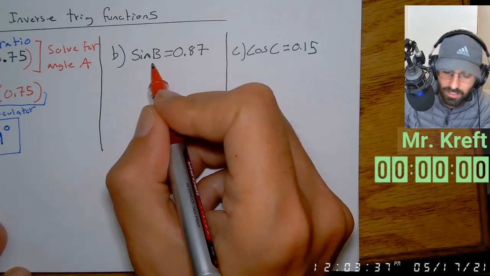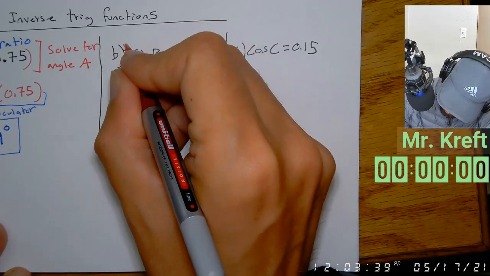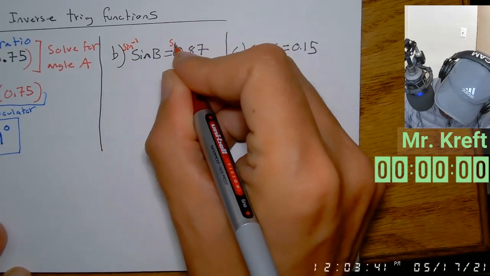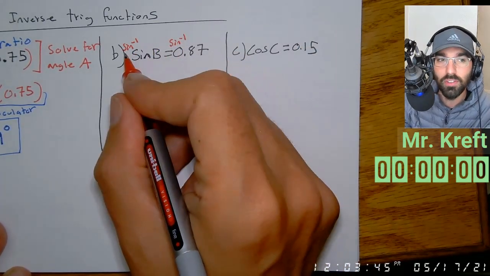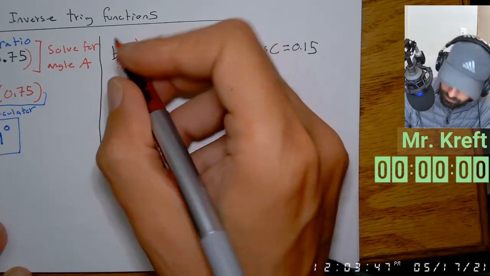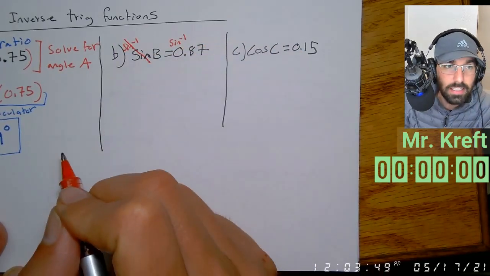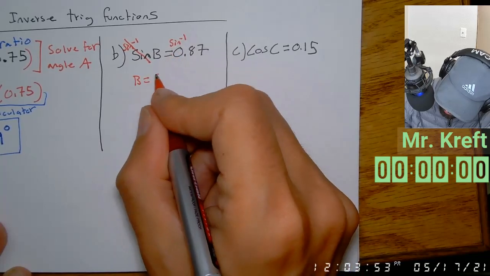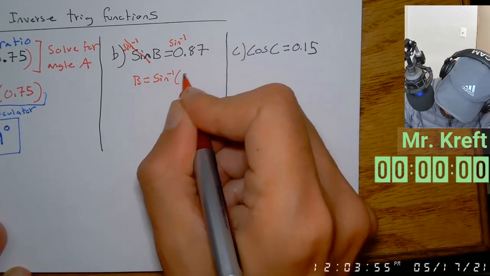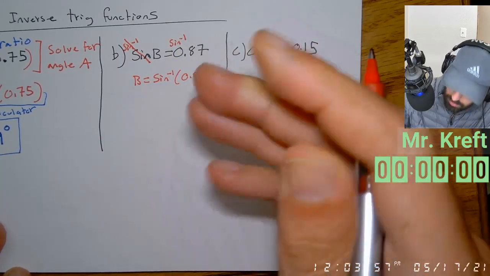So when I do the sine of B, I'm going to do sine inverse of both sides. Notice how I'm taking it of. So the sine's always going to be to the left of it. So sine inverse, that's going to get rid of the sine. I'm going to get angle B. The sine inverse stays over here, though. Sine inverse of 0.87.